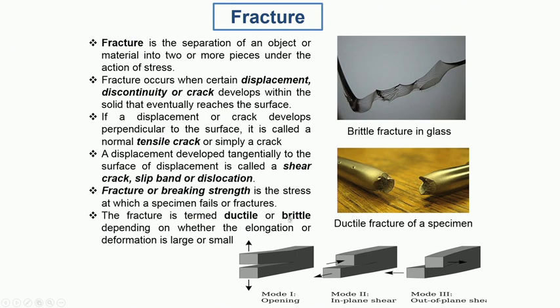But essentially, the broad classification would be that an engineering solid could either be ductile, where the crack is unlikely to form very easily and propagate very drastically. On the other hand, there could be a brittle fracture, which can lead to formation or propagation of the crack very easily.